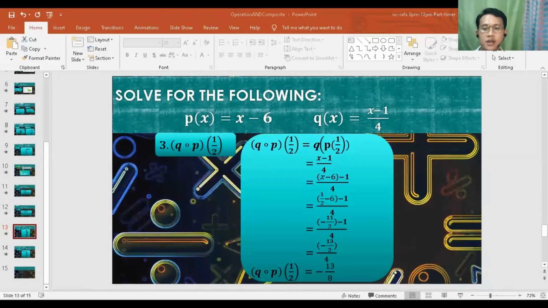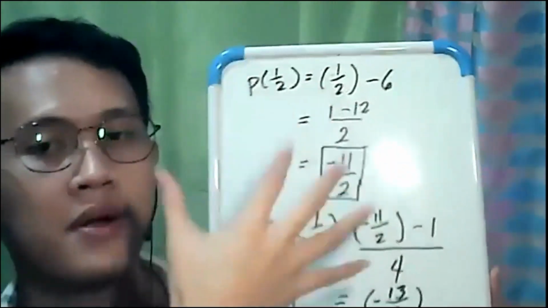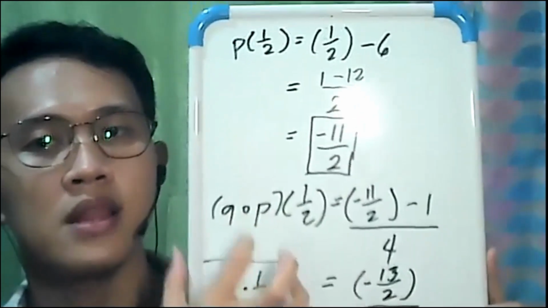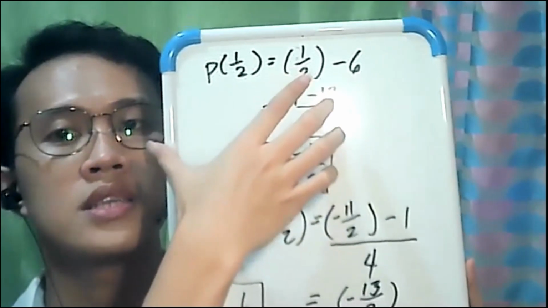I'm going to show you first how I solve it here. So look at my board, guys. You can separate your solution, like find first the p of 1/2 and then apply it here below. So p of 1/2 is equal to, this is x, right?